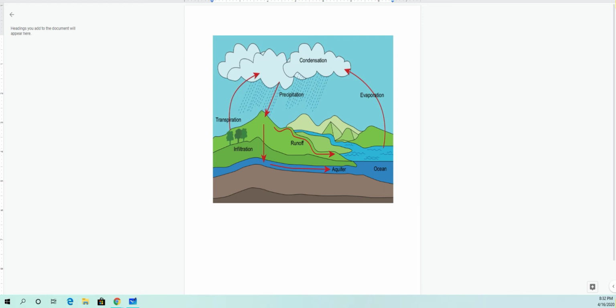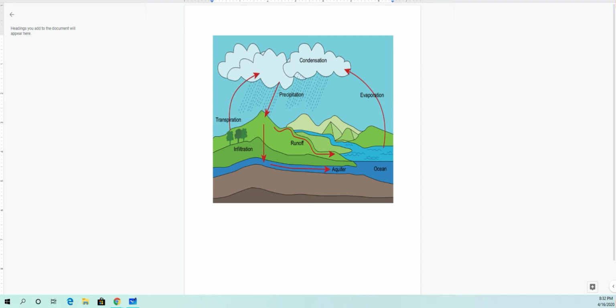Over time, the clouds become too heavy with water and they fall back down to earth through precipitation. Once it gets to a mountain or to the land, it usually goes through runoff, where there's a hill and the water goes down the hill and back into the ocean.